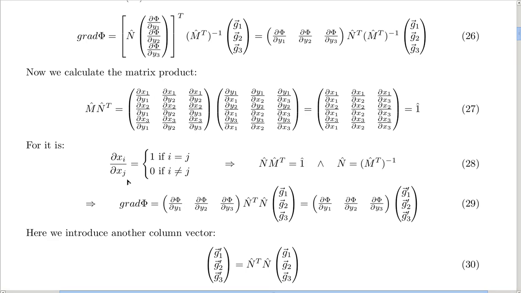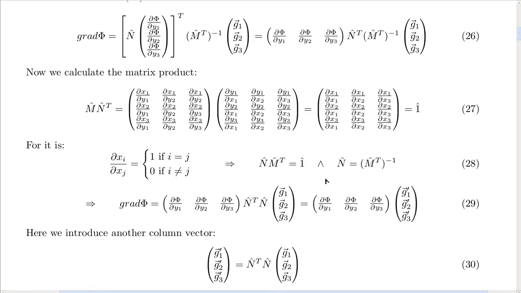And execute the multiplication, then here we have a new matrix with only differential quotients with the x coordinates. Such a differential quotient is 1 if the indices are equal and is 0 if the indices are unequal. Okay. And so here we have only in the main diagonal equal indices.